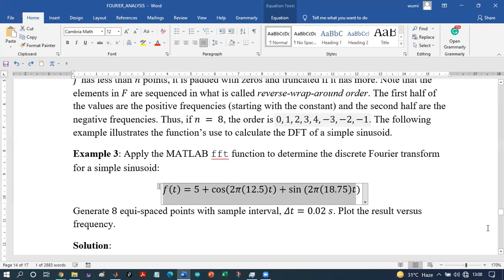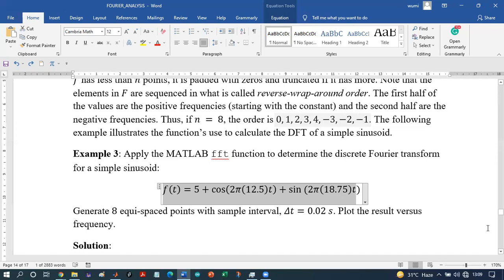So for the DFT, you have F of K, where K is from 0 to n minus 1. Similar to how we got F of J, we need to get F of 0. For the DFT, we are calculating the DFT at discrete points.